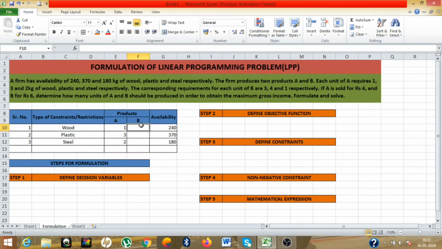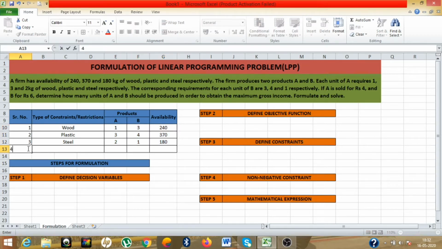So to make one unit of B, the wood requirement is 3 units, then plastic 4 units and steel 1 unit. So this is the requirement of wood, plastic and steel for making each unit of products A and B.